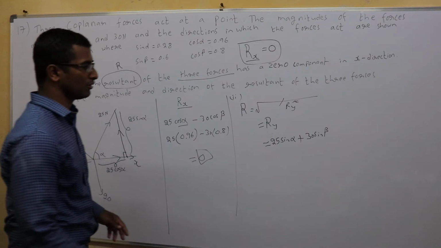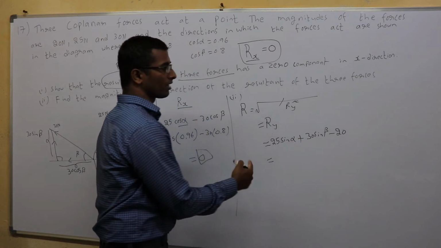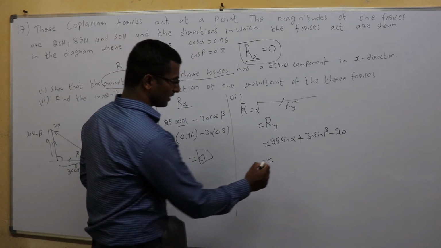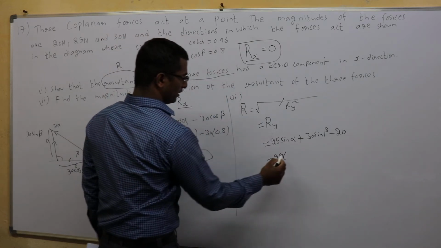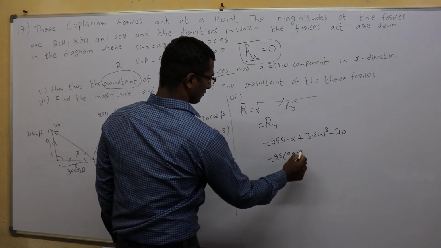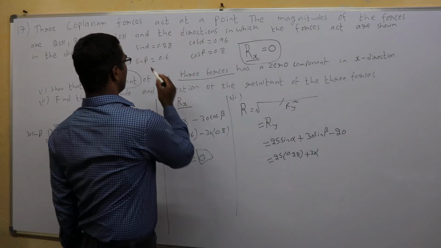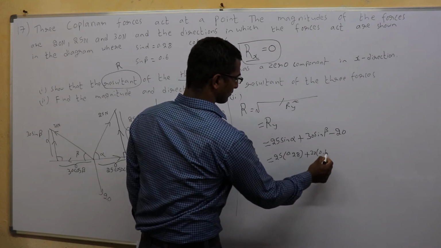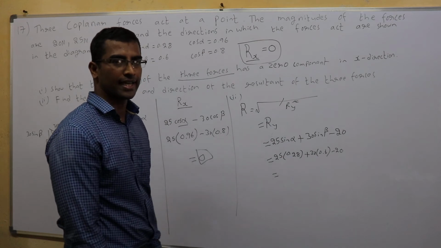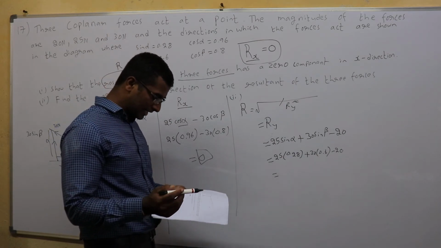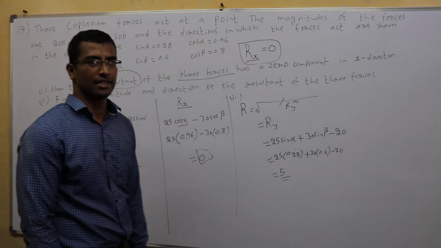It is 20, so minus 20. So if you put this in, how much is sin alpha given to you? 0.28, plus 30 into sin beta, how much? 0.6, minus 20. If you put it in the calculator, you get the answer to be 5. So that is your resultant magnitude.